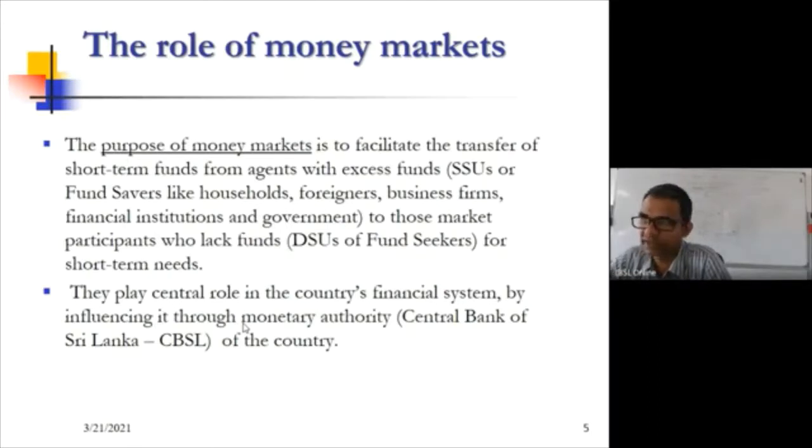So this money market, especially the call money market, provides good liquidity into the market. If the market liquidity is not enough, then the central bank comes and provides liquidity. On the other hand, if the market liquidity is too much, then the central bank comes and absorbs that liquidity.